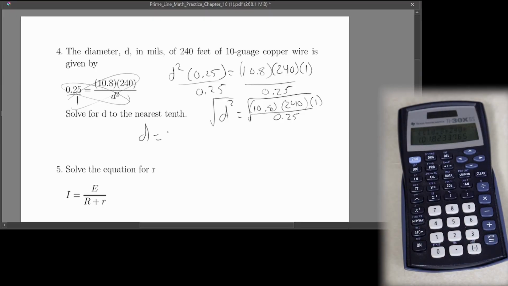And I get a value of 101.8233765. They want us to round to the nearest tenth, so this is our value, 101.8.